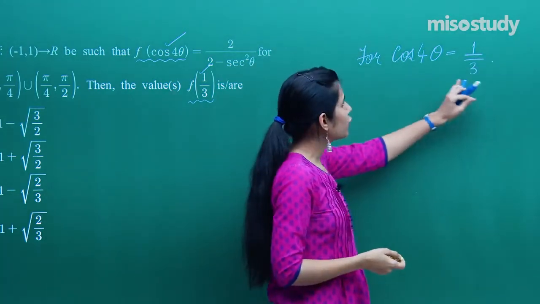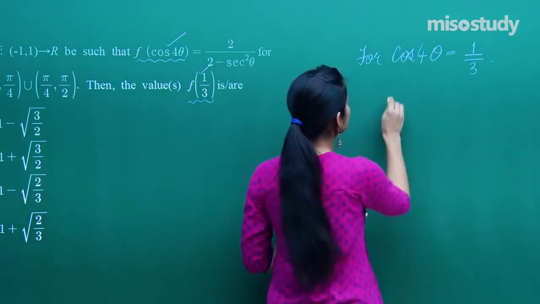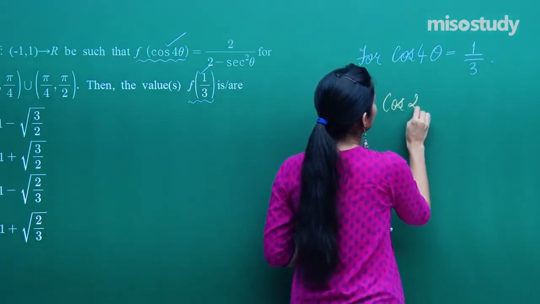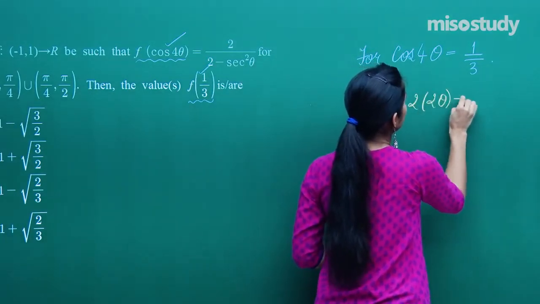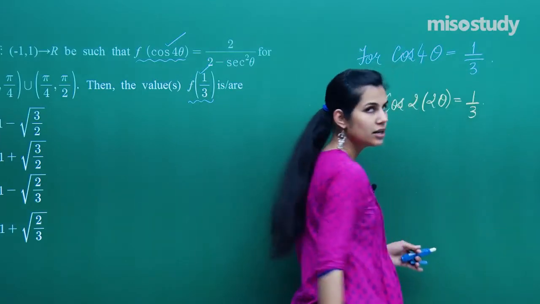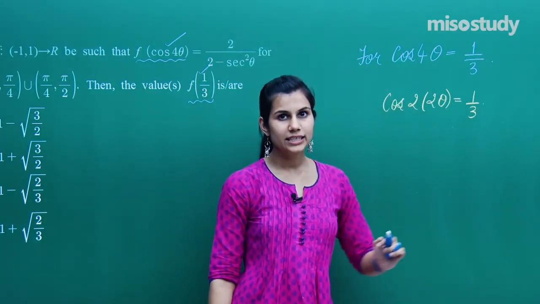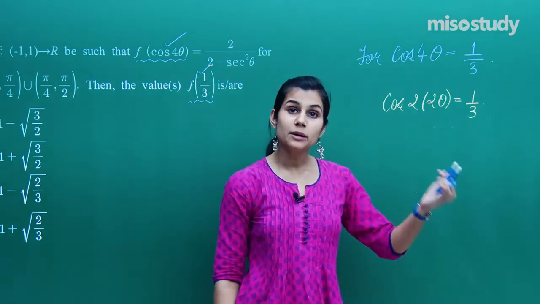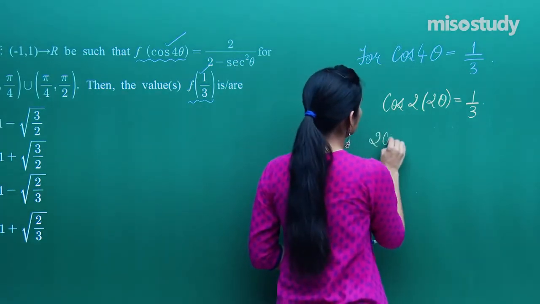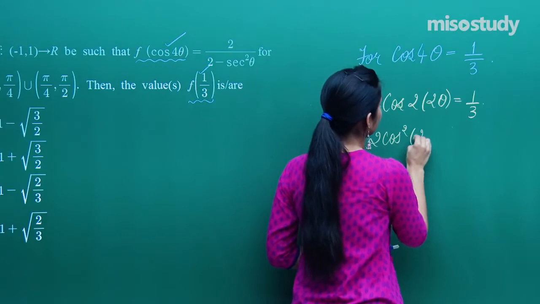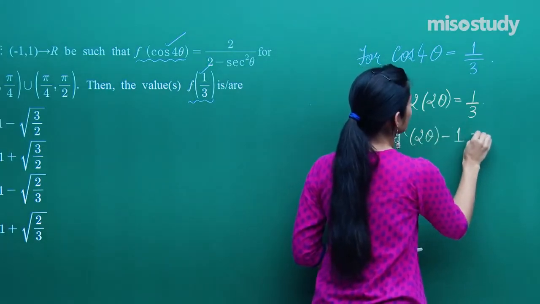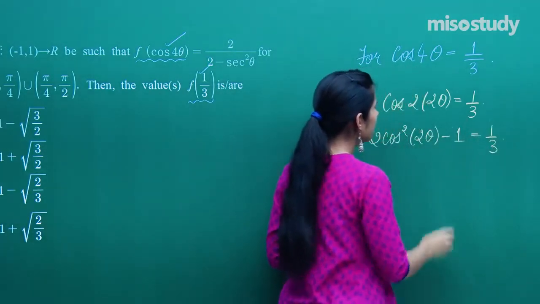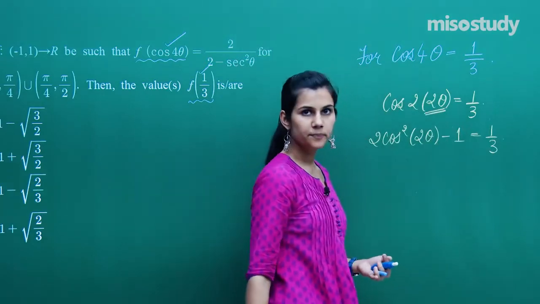Whenever cos 4 theta is equal to 1 by 3, this means twice of 2 theta, cos of it, is 1 by 3. Now you know 1 plus cos 2 theta is 2 cos square theta. So cos 2 theta is 2 cos square theta minus 1. So 2 cos square 2 theta minus 1 is 1 by 3, because this is playing the role of theta.